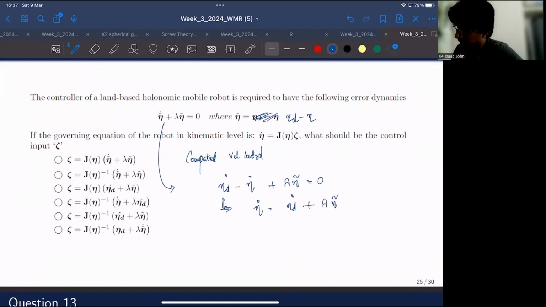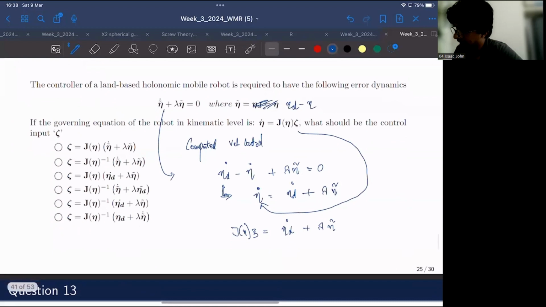And from here, if I substitute this into this, you will get J of eta multiplied by zeta would be eta desired dot plus lambda eta tilde. So that makes the control input zeta to be J of eta inverse times eta desired dot plus lambda eta tilde.